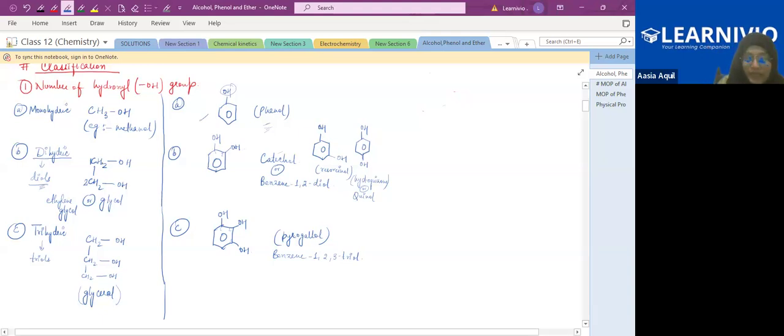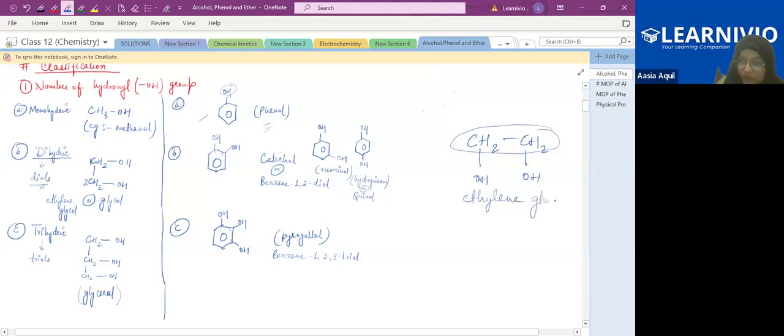In this structure, CH2 and CH2, the OH groups are attached to adjacent carbon positions. Its common name is ethylene glycol.